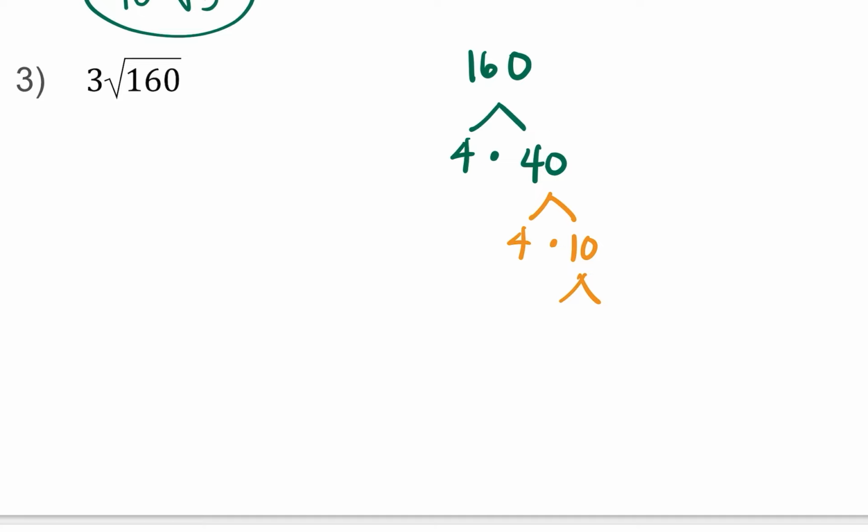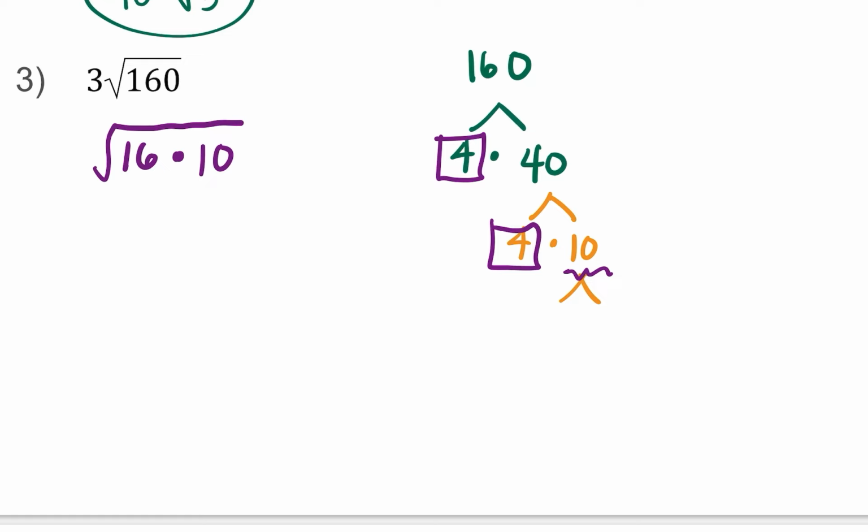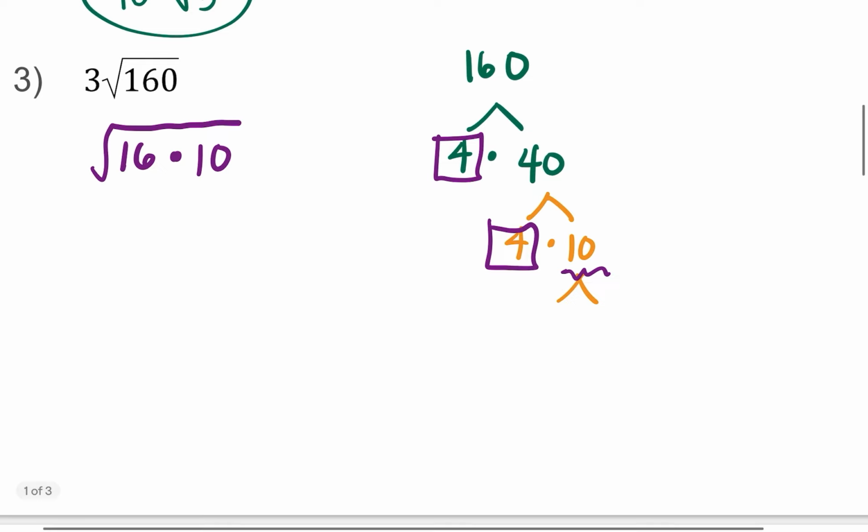So what do we do? We're going to take the perfect squares, multiply 4 times 4, and that would be 16. And the leftover, or the remainder, is 10. So 16 times 10, if we verify, would be equal to 160. We're going to drop the 3, the whole number on the outside of the radical, and split the radicands, or the numbers inside the radical symbol.